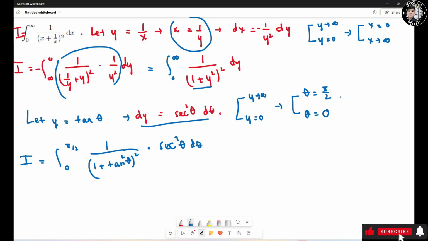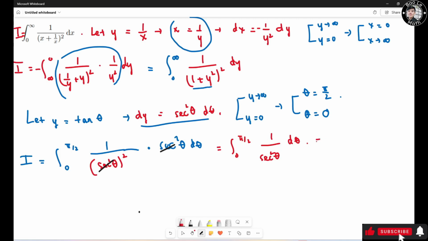Now, you know that 1 plus tangent square theta becomes secant square theta, all squared. Now this cancels out, so I have the integral from 0 to pi over 2 of 1 over secant square theta d theta.